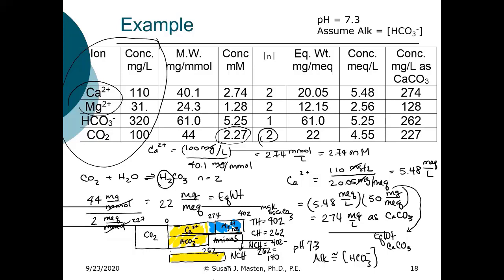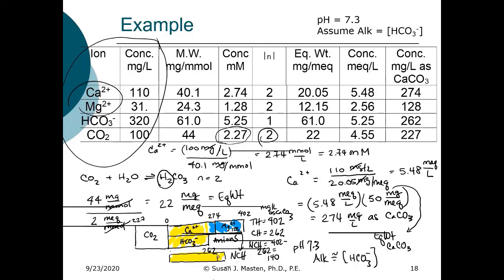So in this case, all of my calcium would be associated with bicarbonate, and I would have magnesium also associated with bicarbonate. So in this case, I would have carbonate hardness due to magnesium.